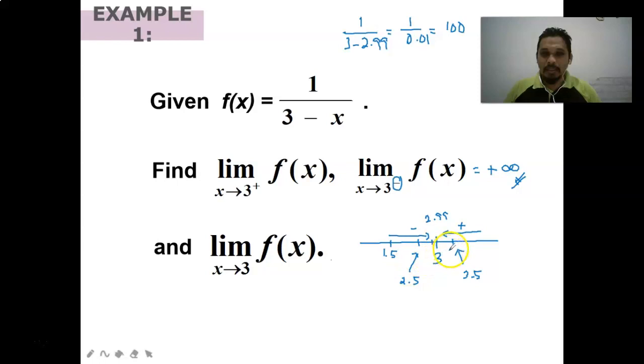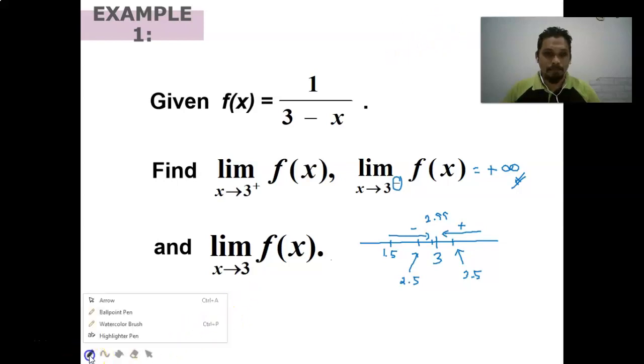Let's say when x approaches 3 from the right side. Then 1 divided by 3 minus, here is 3.5.